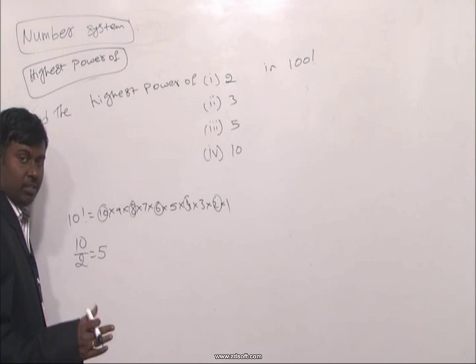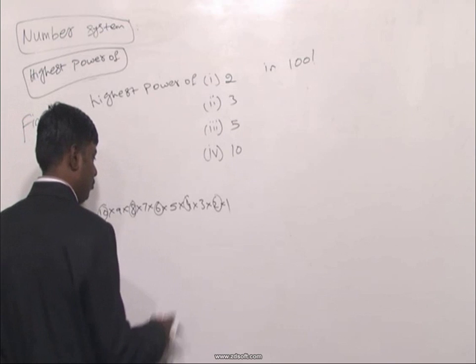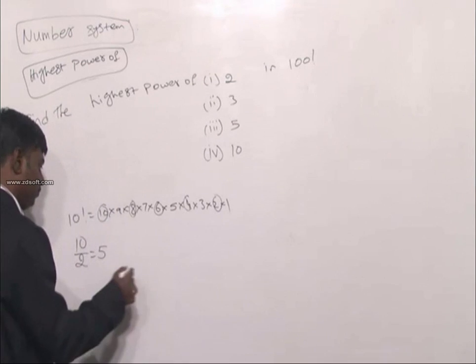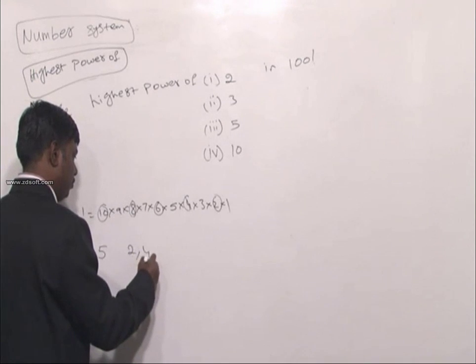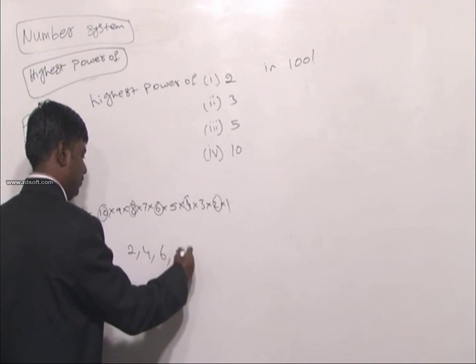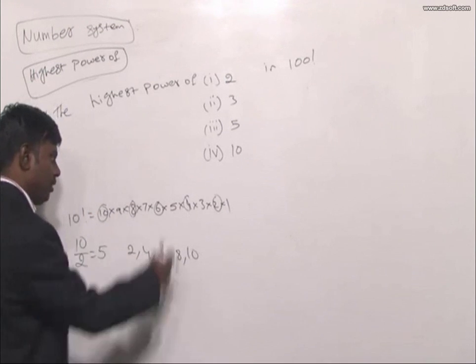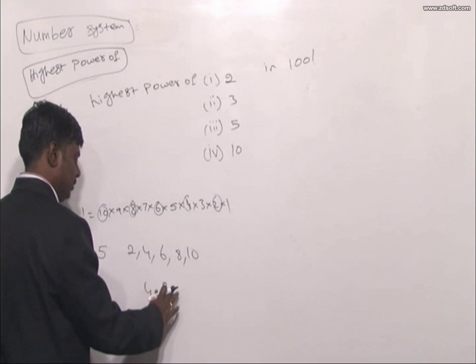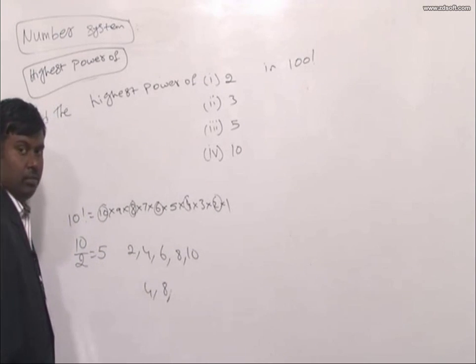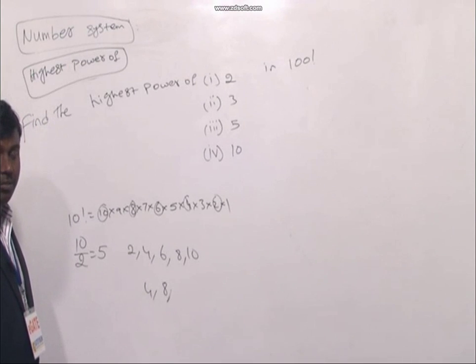I have just considered multiples of 2. What I am talking about is, suppose you consider 4, right? So here I am considering 2, 4, 6, 8, 10 just as one multiple. Suppose you consider 4, 8. They are not just 2 multiples, they are multiples of 4.